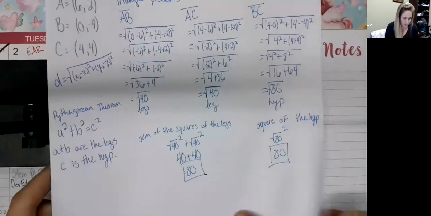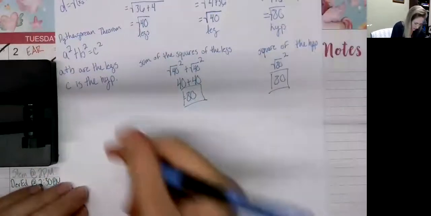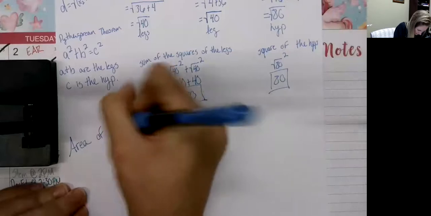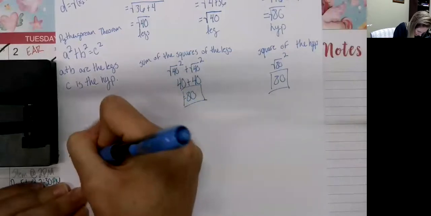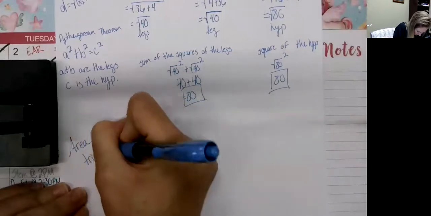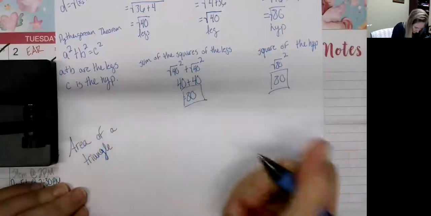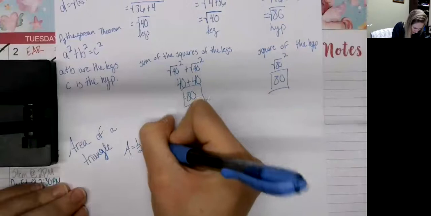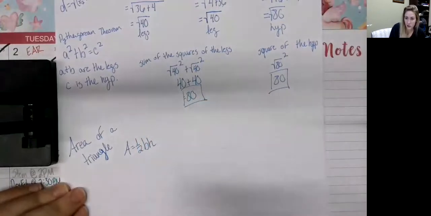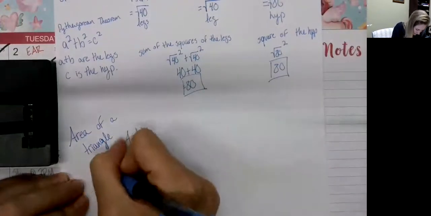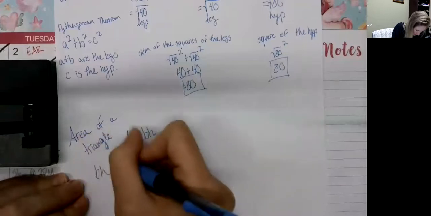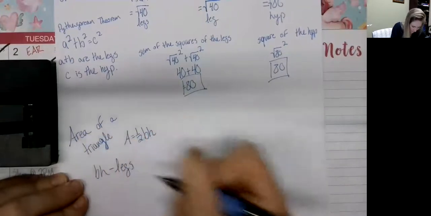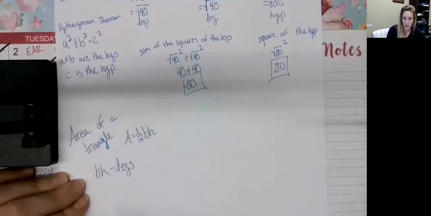But then the area of the triangle is the next part. So area of a triangle is 1/2 base times height. And on our problem, our base and height, I should have written that different, are our legs. So our base and our height are a and our b.